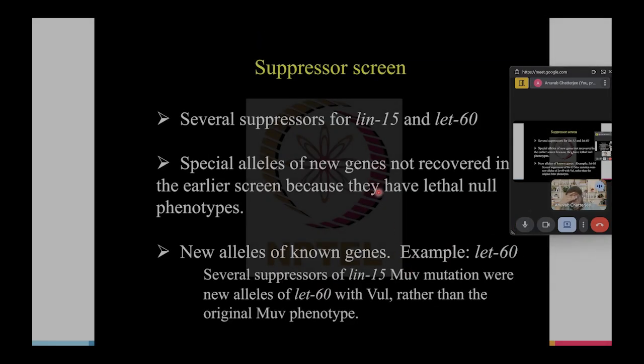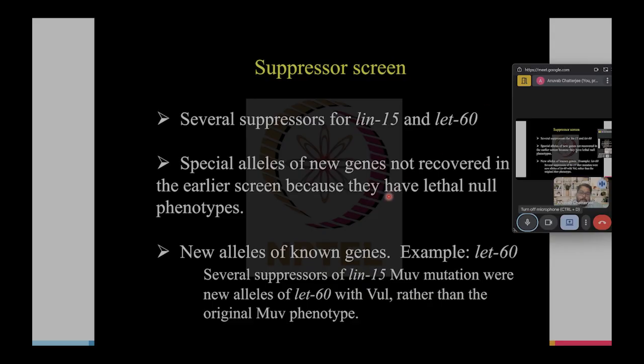For an example, suppressor screens were run on the vulva development in C. elegans. We had two genes that we are interested in, Lin15 and Let60. After the suppressor screens were done, special alleles of these genes not recovered in earlier screens because they have lethal null phenotypes were found.